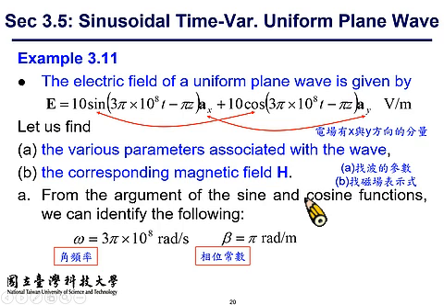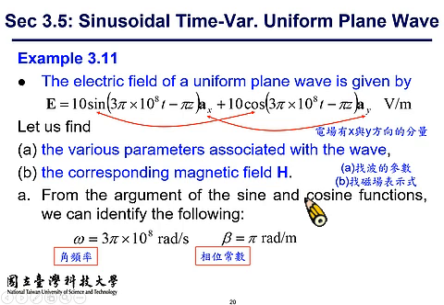All right? So why is this kind of description referred to as circular polarization? Let's check it this way. Say the position Z is 0 and the time is 0 as well, so both t and z are 0.